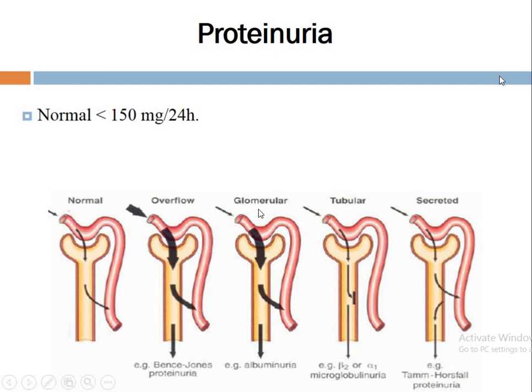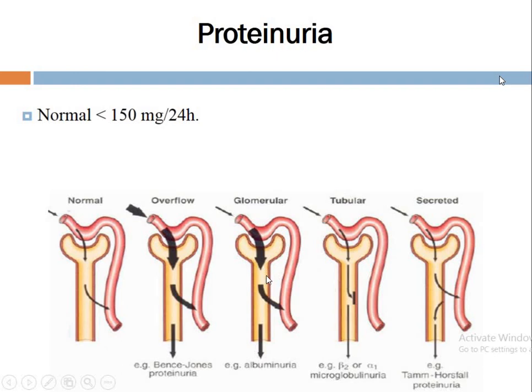Here now you can see the amount of protein in the plasma is normal, but what is happening is that the glomerular membrane is defective, and it is not able to keep the protein inside the vessel. A large amount of proteins is filtered because of some problem with the glomerular membrane. Permeability for the proteins has increased in glomerular disease.